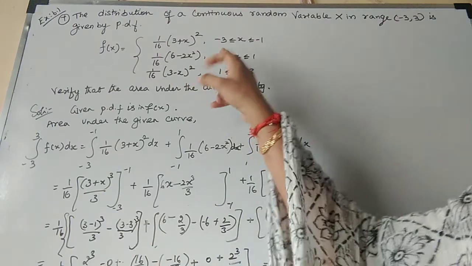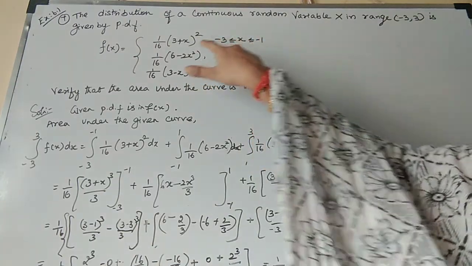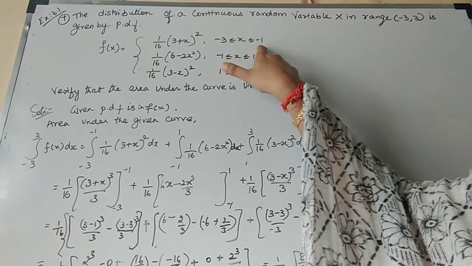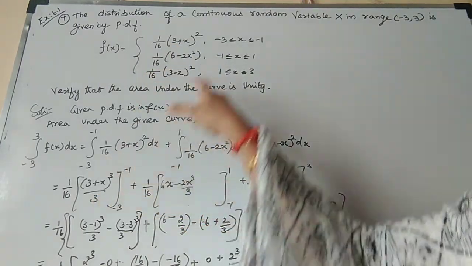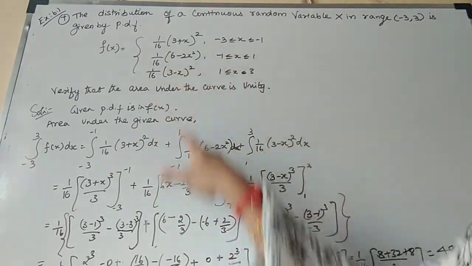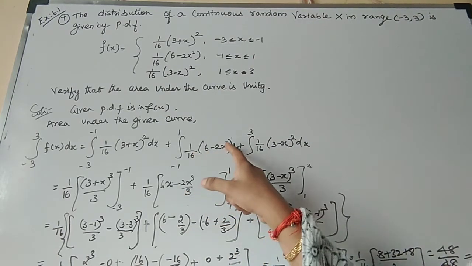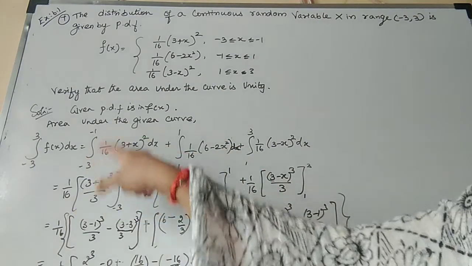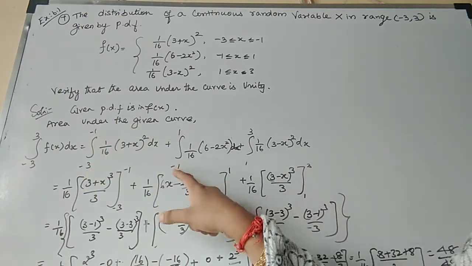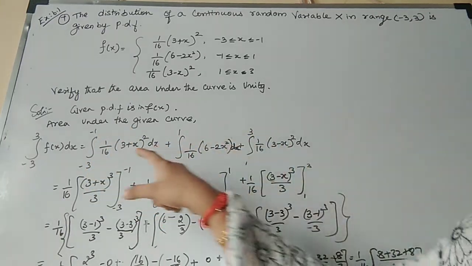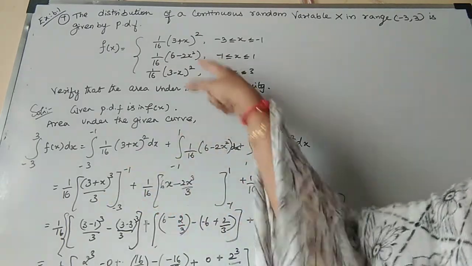So the range is first for f of x, -3 to -1, the f of x is 1 by 16 into (3 plus x) the whole square, and the range -1 to 1 is 1 by 16 into (6 minus 2x square). So change the integral limits to -3 to -1, -1 to 1, and then 1 to 3, with the corresponding f of x.